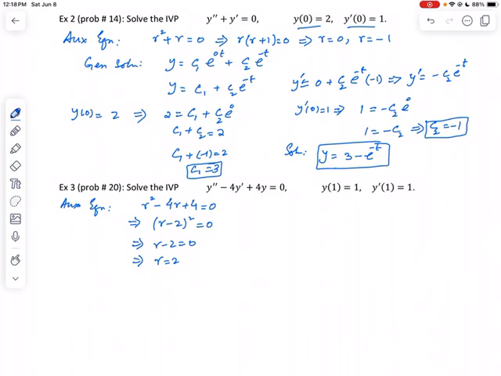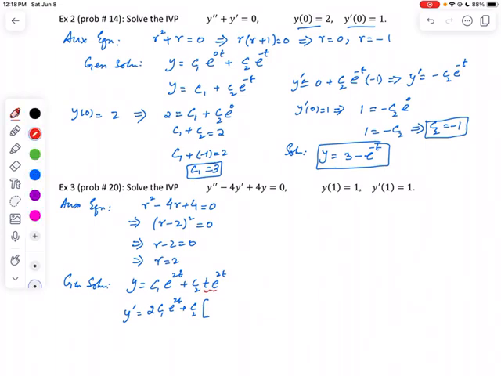So in this case, our general solution will be y equals c1 e to the 2t plus c2 t e to the 2t. I will take the derivative here because I have to use the initial condition, and one of the initial conditions is on the derivative. So we get 2 c1 e to the 2t plus c2 times, now over here we have to apply the product rule.